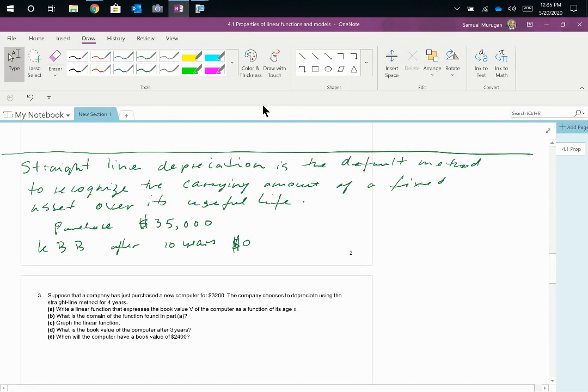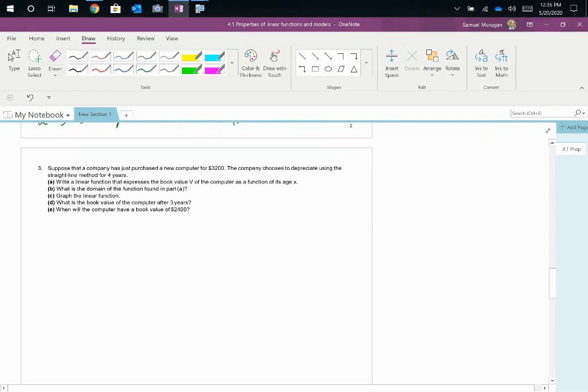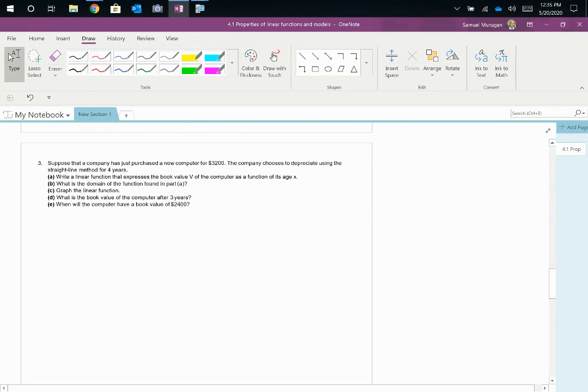So we have a few parts to answer for this problem. Let's go ahead and try to answer all of the parts here. Suppose that the company has just purchased a new computer for $3,200. The company chooses to depreciate using the straight line method for 4 years.